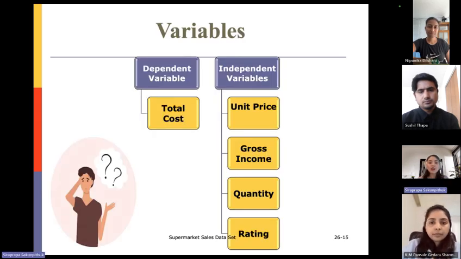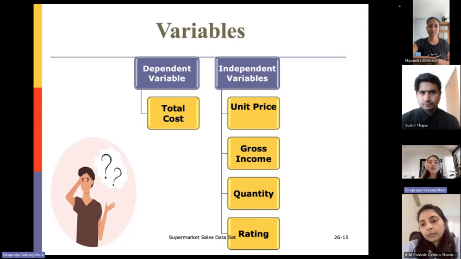So for the regression analysis, here we identify the key variables used. The dependent variable in our model is the total cost, and the independent variables are the unit price, gross income, quantity, and the rating.